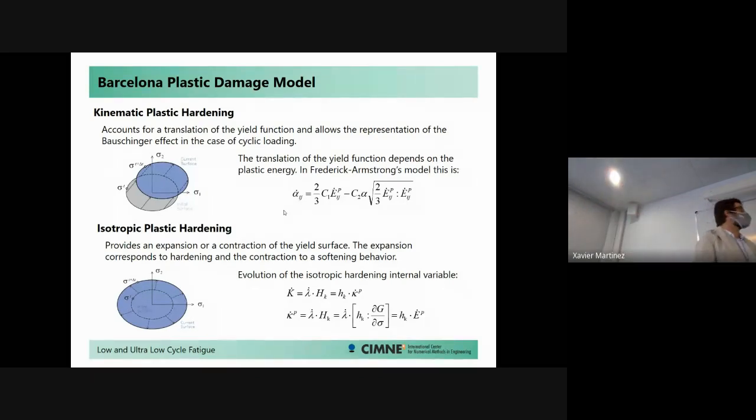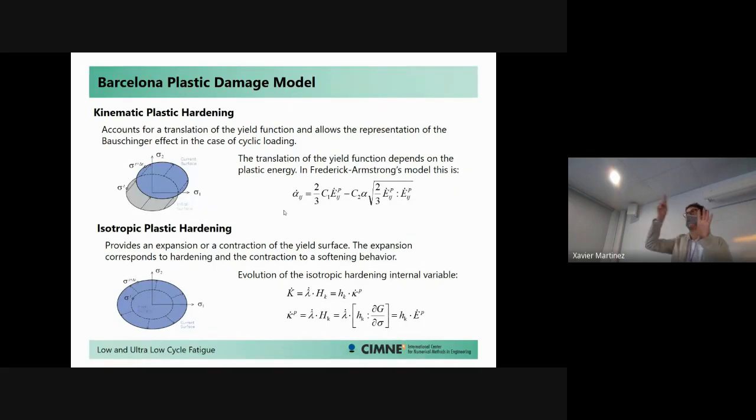If you don't have this Bauschinger effect, a hysteresis cycle will move along the strain axis, because the plastic strains are kept constant and they will move around. There are different formulations or models to take into account this kinematic plastic hardening. The one that we have implemented is the Frederick-Armstrong model.